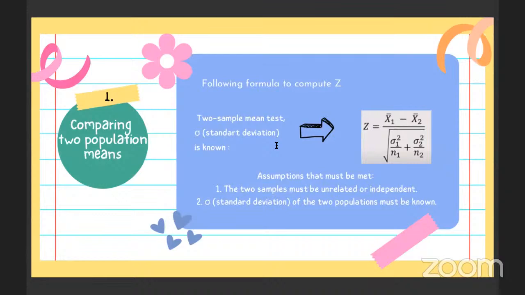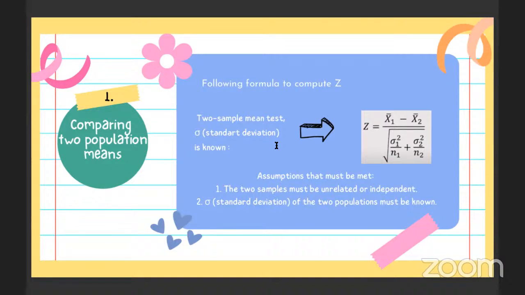Comparing two population means, if the standard deviation is known, we can use the following formula to compute Z for the two sample mean test, where sigma, or standard deviation, is known.